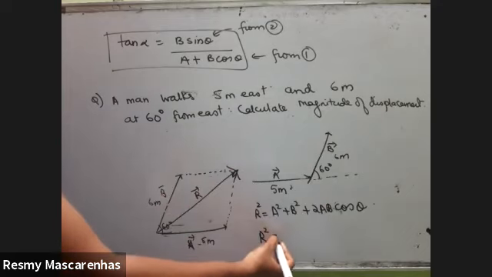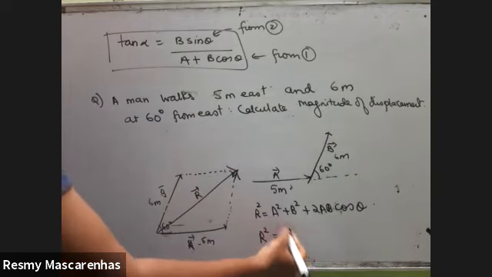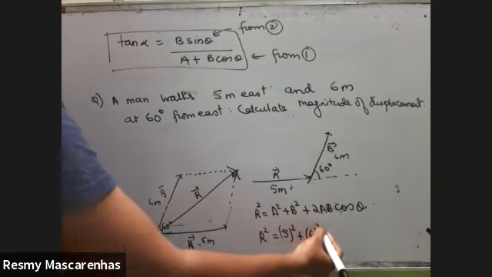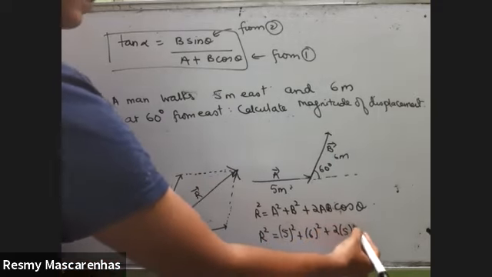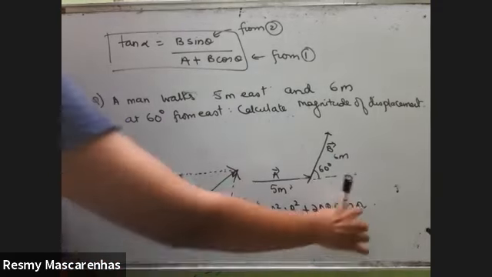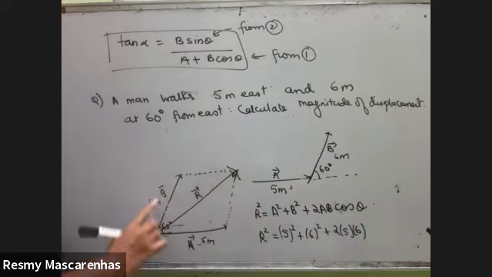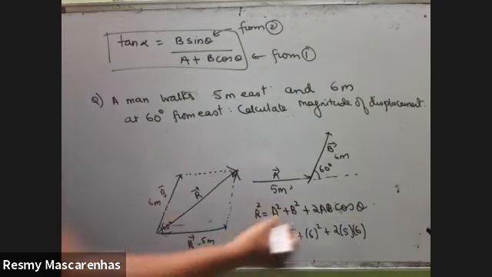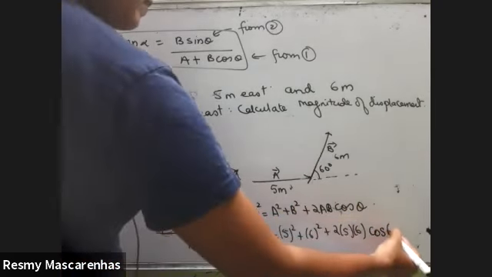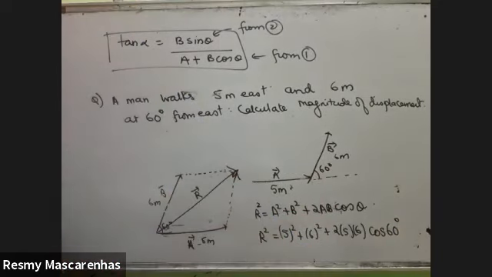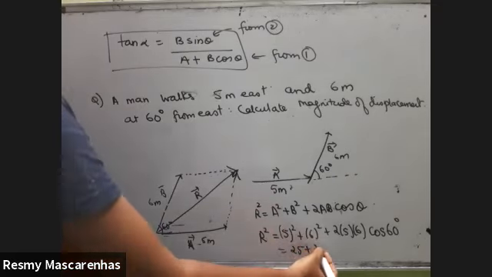R square will be nothing but 5 square plus 6 square plus 2 times 5 times 6 times cos theta. Theta is always the angle between A bar and B bar, so this will be cos 60 degree. Now calculate. So this will be 25, this will be 36.